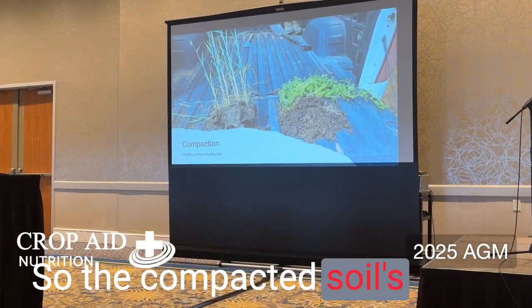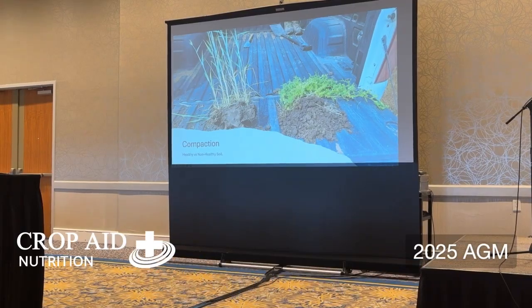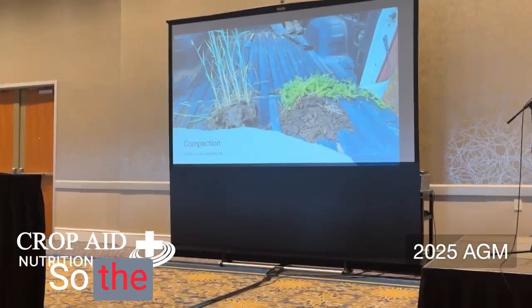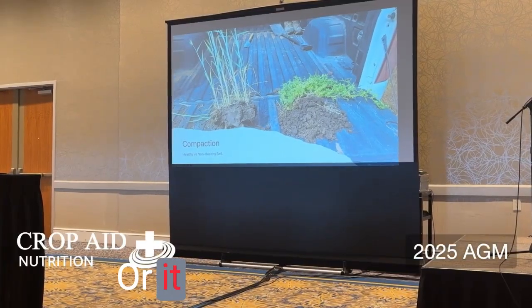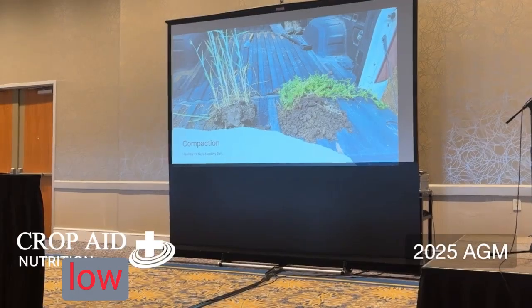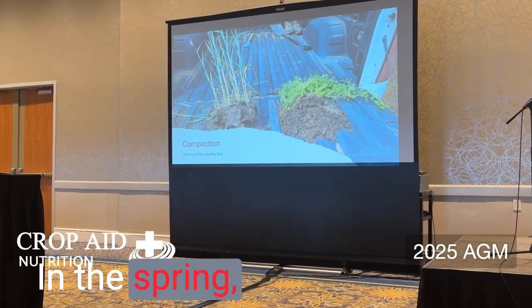The compacted soil is going to have a higher bulk density. It's not going to have as much pore space. It's going to have poor infiltration. So the water hits compacted soil and it runs off, or it ponds, or it moves to a low area, and there's a risk of salinity when it hits the low spots. It's slow drying in the spring.